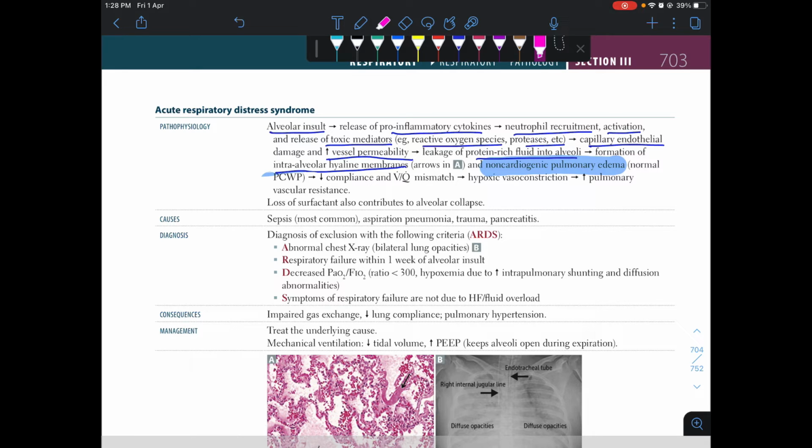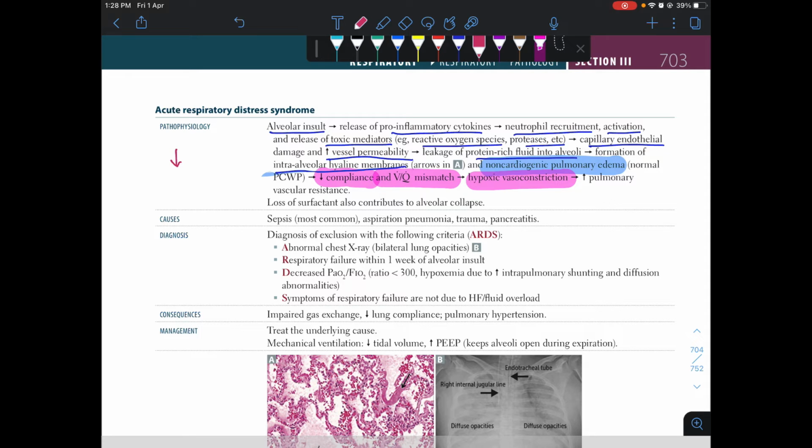and here there will be decreased compliance and there will be VQ mismatch, because due to hyaline membrane formation, there will be decrease in the surface area for oxygen or gas exchange, so there will be VQ mismatch, and due to collapsing of the alveoli, there will be decreased compliance. And here we will have the hypoxic vasoconstriction due to filling or collapsing of the alveoli.